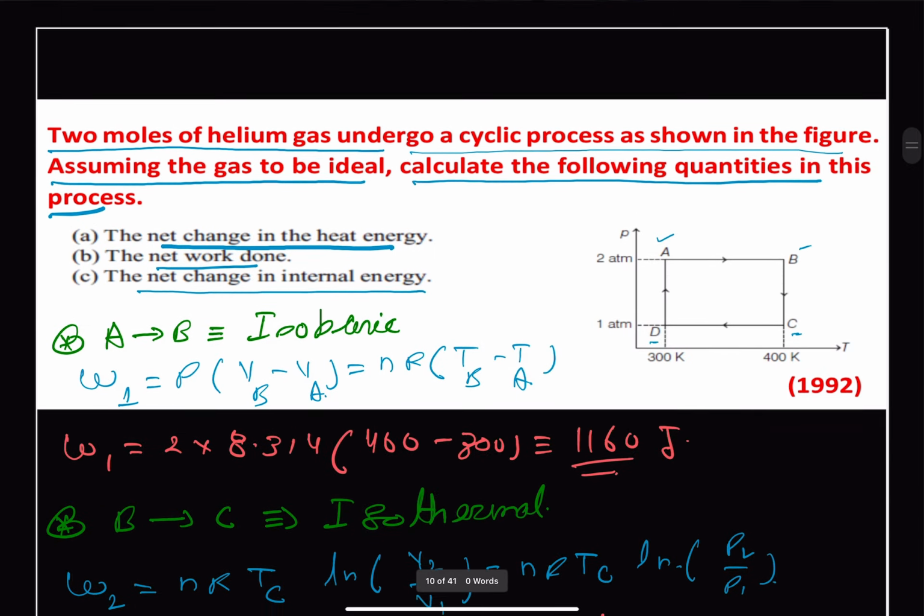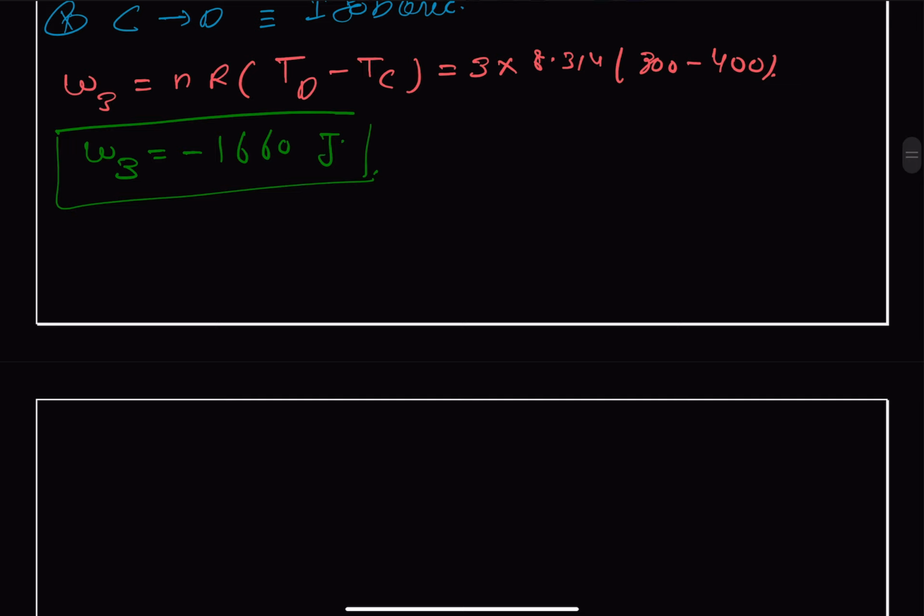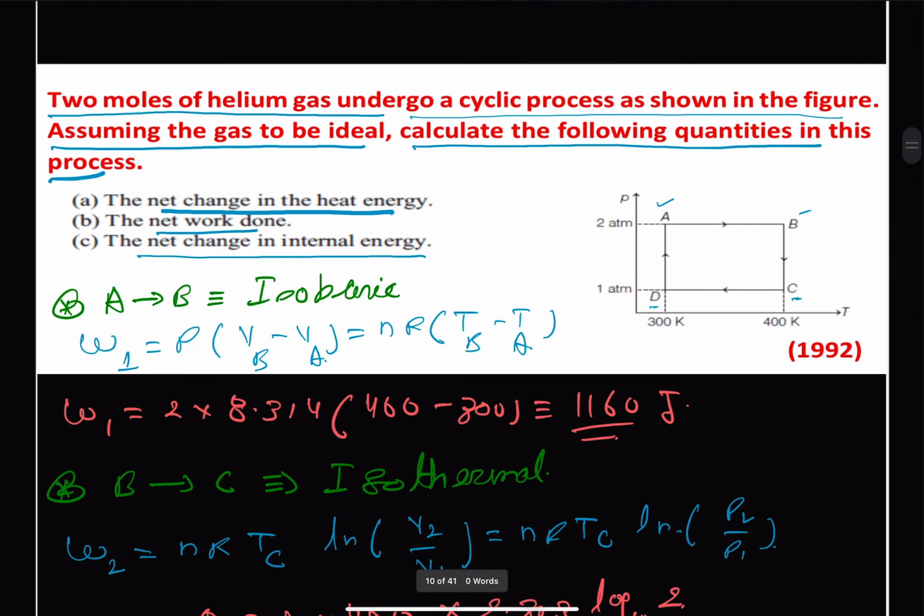Now we come to D to A, same process, and we can write, let us suppose the work done is our W4 is equal to nR TD and natural log of PD upon PA, and this comes as, one second, PD by PA.